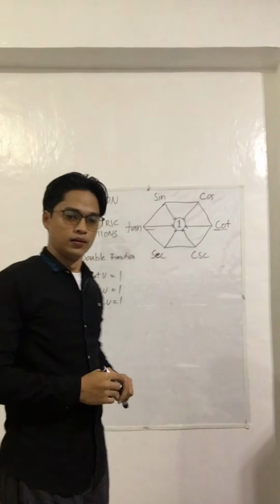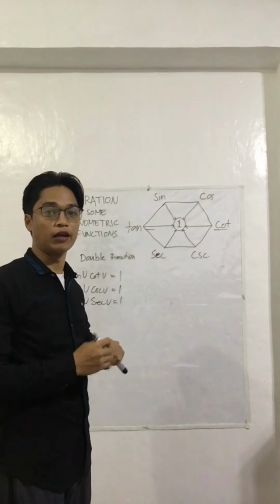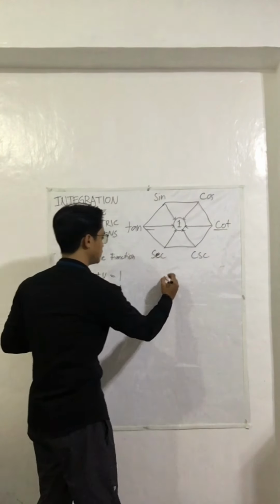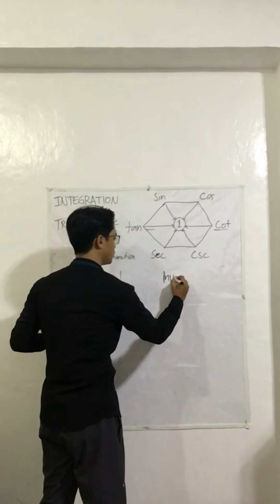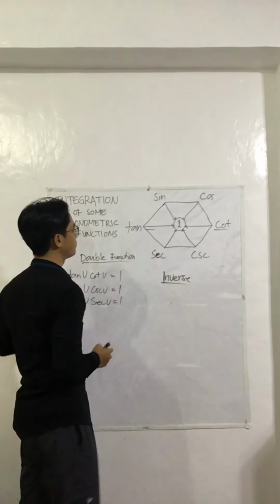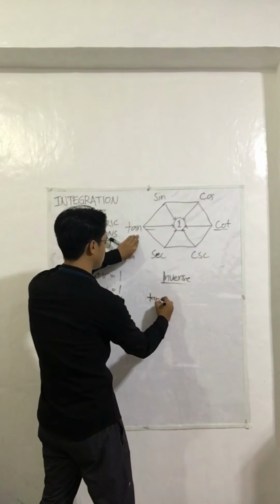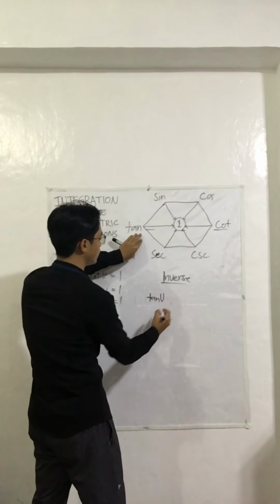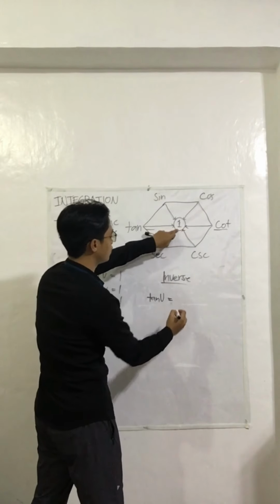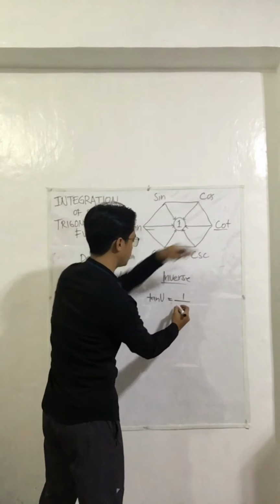So ganun din. So sa second application, dito na naman tayo sa inverse. Si inverse naman, halimbawa, si tangent u is equal to 1 over cotangent u.